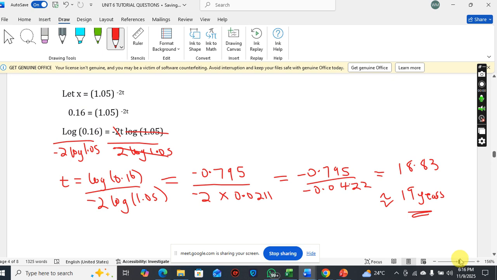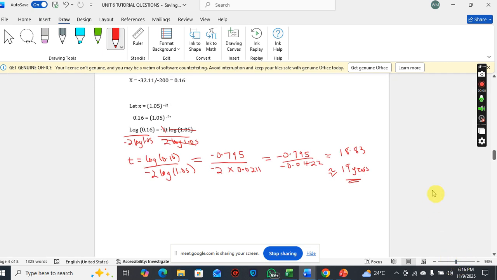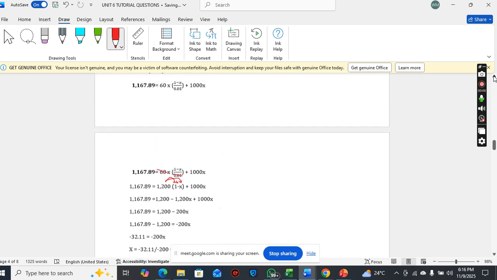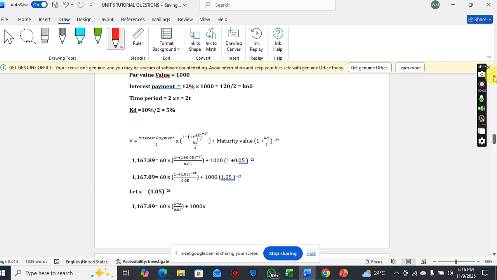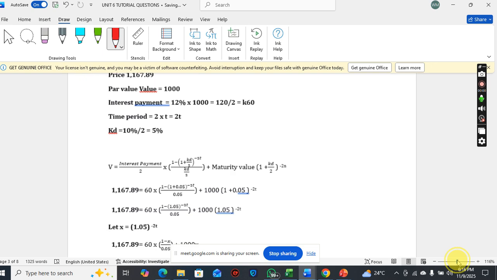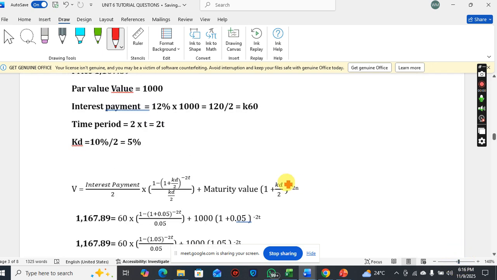Yes, my network was dripping, so can you explain a bit, starting from the beginning? We are trying to find the time in this formula here.